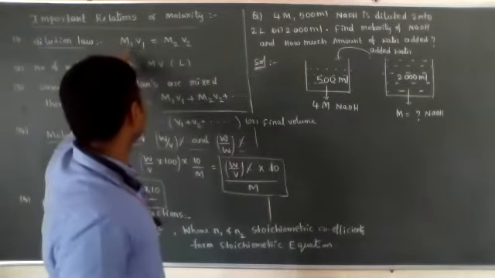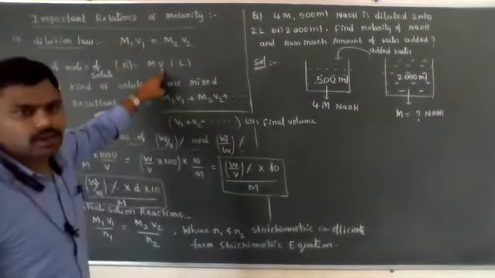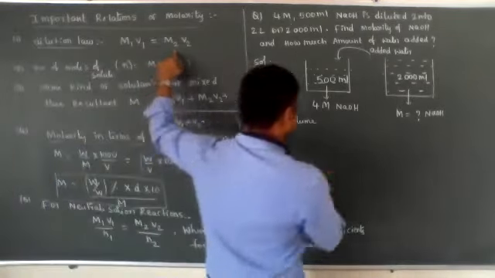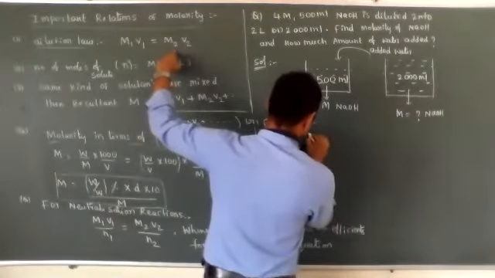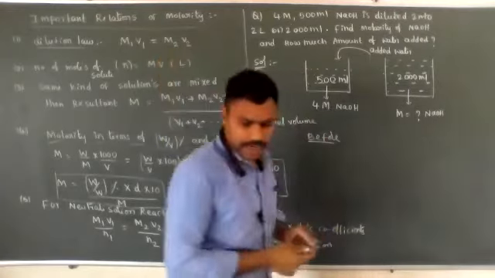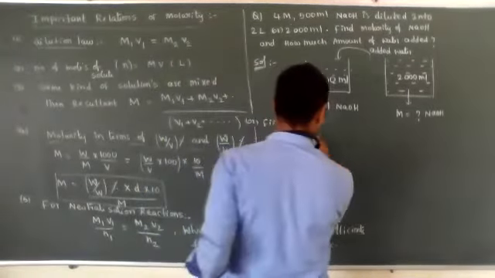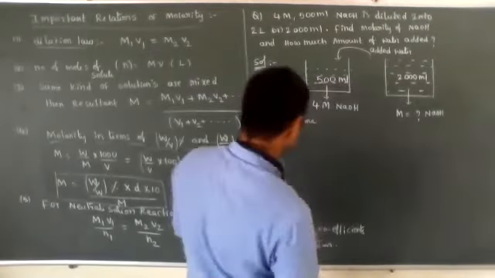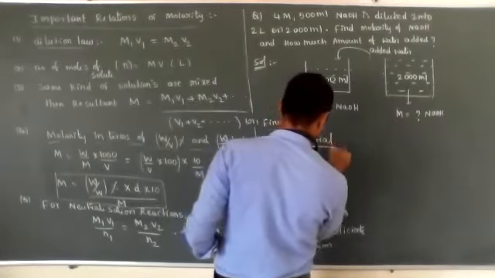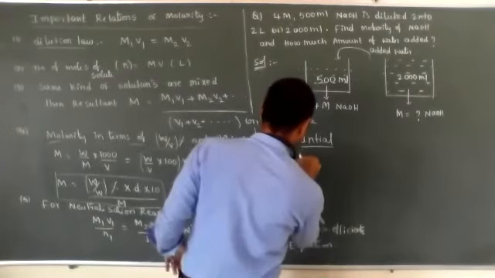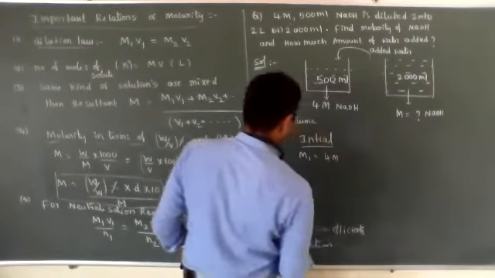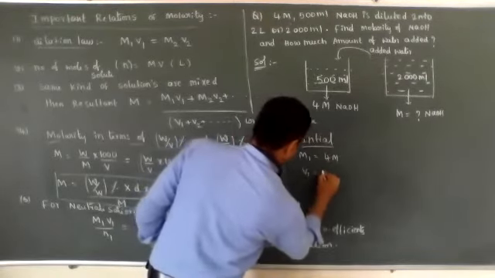In that case, the moles are constant, meaning MV is equal to constant. Then M1V1 is equal to M2V2. M1V1 means before, or initial. Initial concentration M1 is equal to 4 molar and volume V1 is equal to 500 ml.